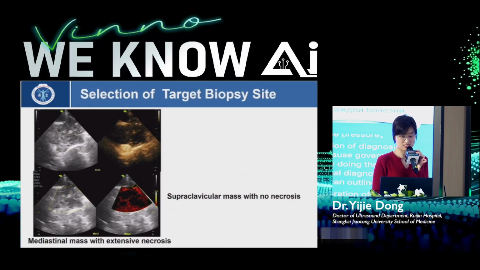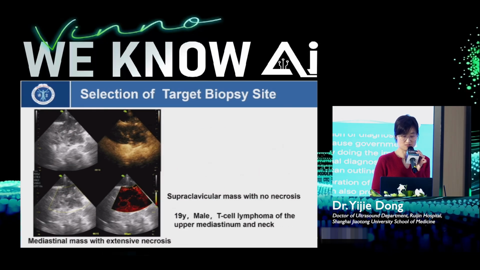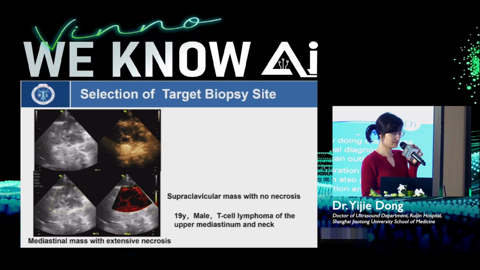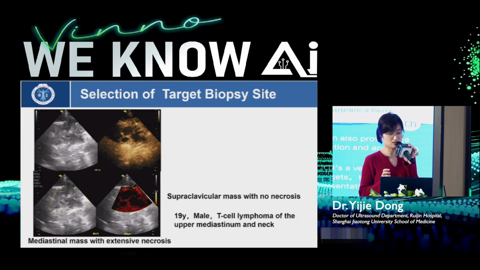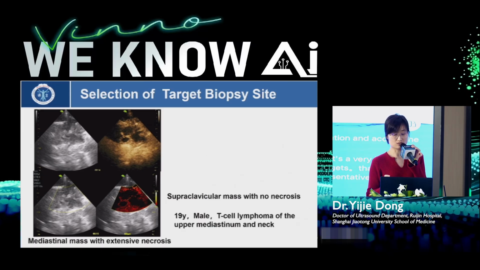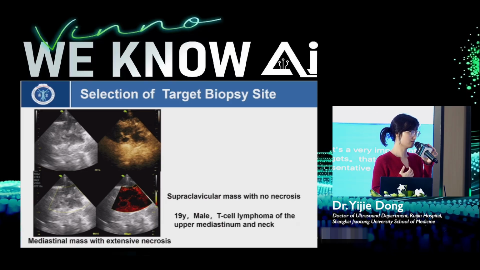For example, this is a 19-year-old male, very young, with T-cell lymphoma, but the patient has a mediastinal mass with extensive necrosis here. For Hodgkin lymphoma or non-Hodgkin lymphoma, there are many patients with a mediastinal type with a large mass in the upper parts, and it can cause respiratory problems.